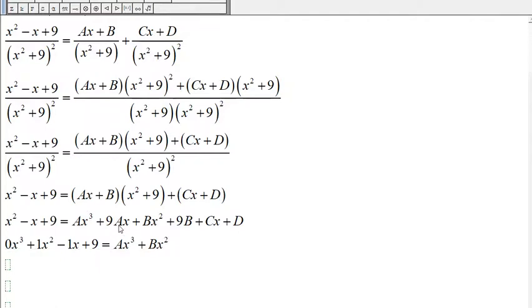And then we have 9ax plus cx, so that will be 9a plus c and then x. And then we have the constant, just d. D is the constant. And then the 9b is also constant.